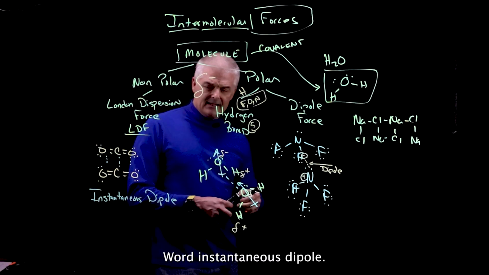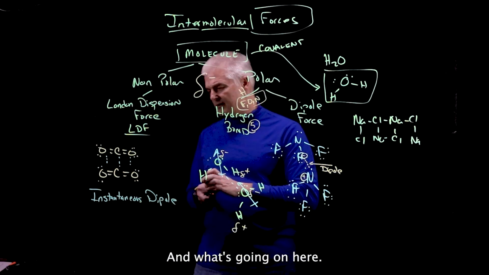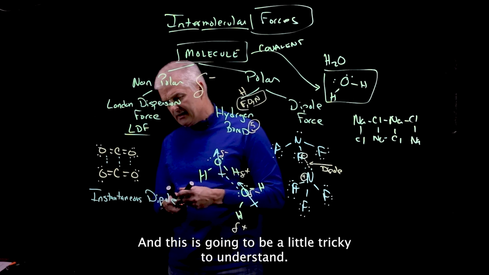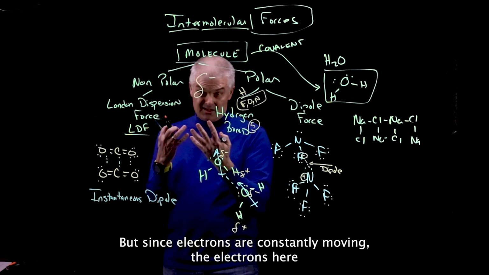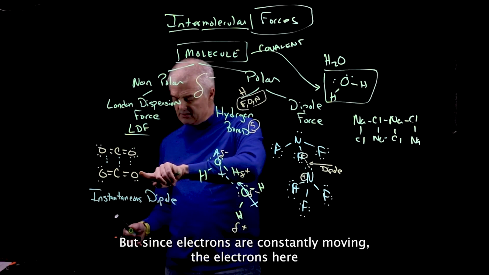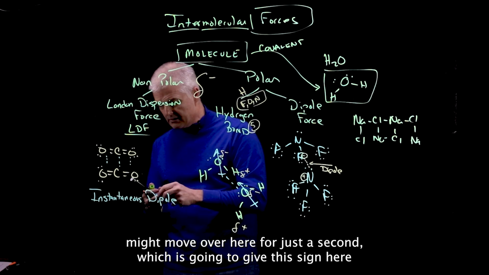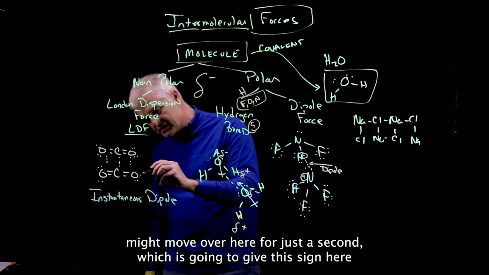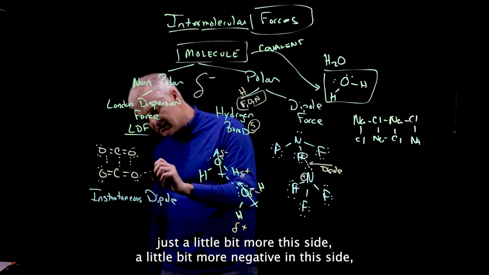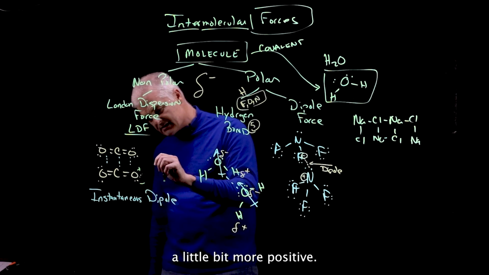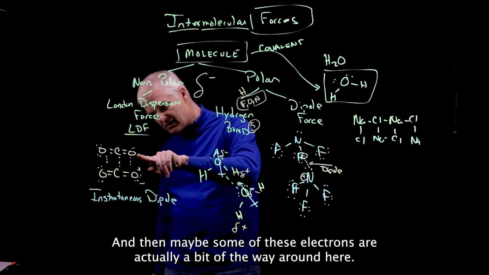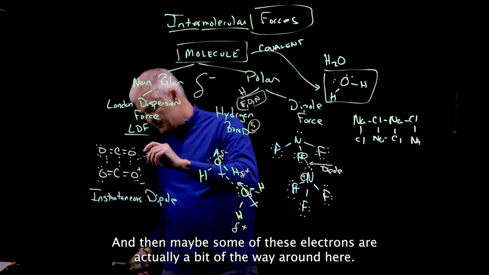The word instantaneous dipole. And what's going on here, and this is going to be a little tricky to understand, but since electrons are constantly moving, the electrons here might move over here for just a second, which is going to make this side a little bit more negative, and this side a little bit more positive. And then maybe some of these electrons, actually it'd be the other way around, right here.